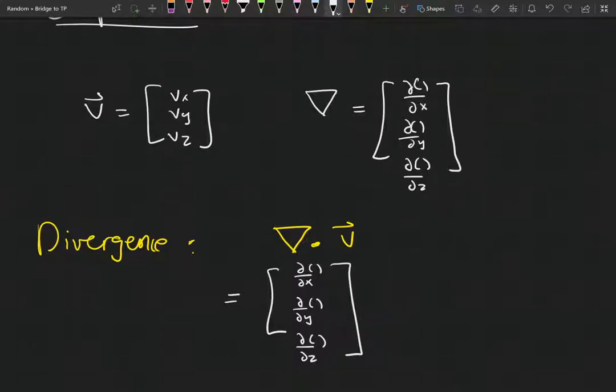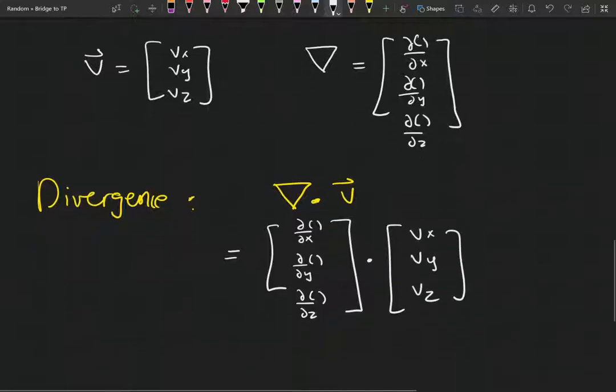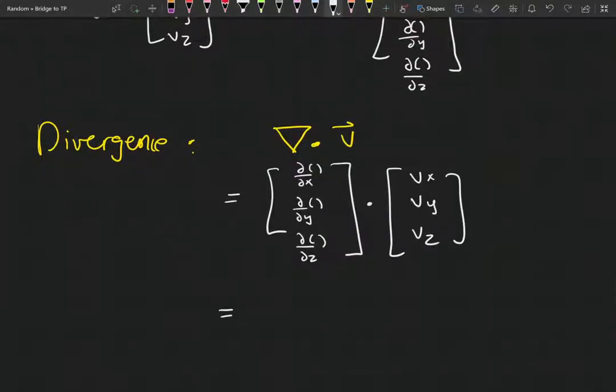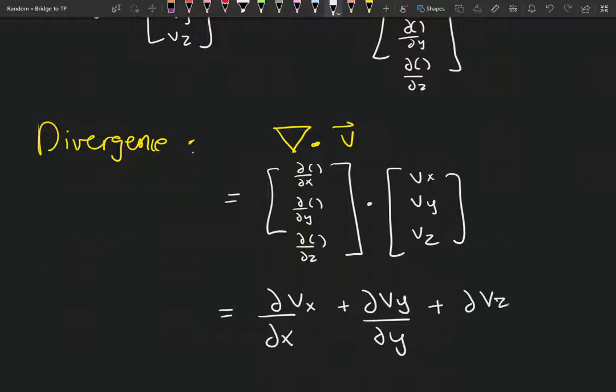So I have the dot product of the del operator with the vector field, and this should come out to be the partial derivative of Vx with respect to x, plus partial derivative of Vy with respect to y, plus partial derivative of Vz with respect to z. And that right here is how you're going to compute the divergence of a certain vector field.